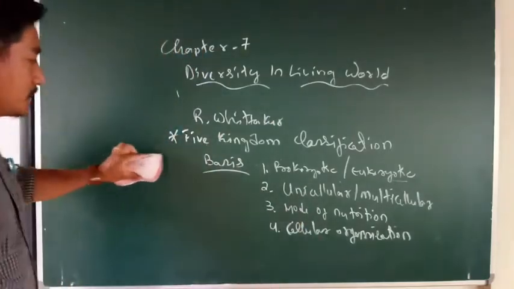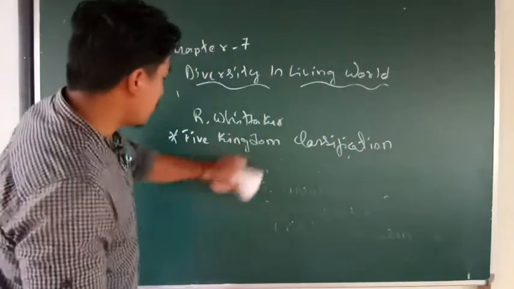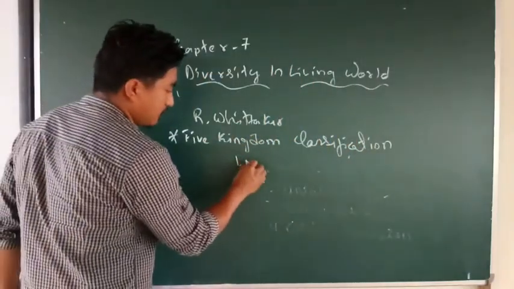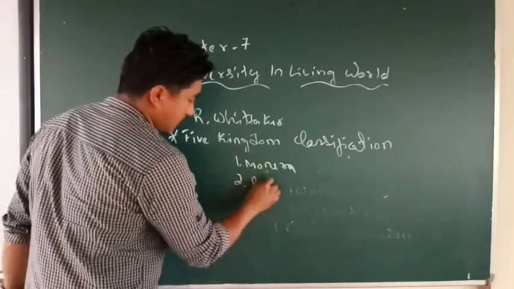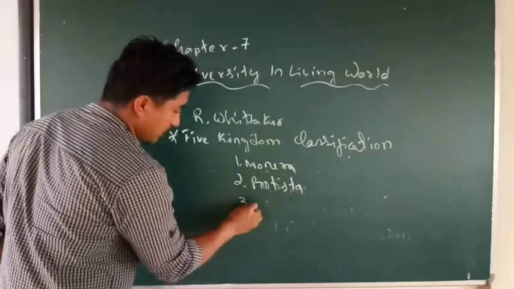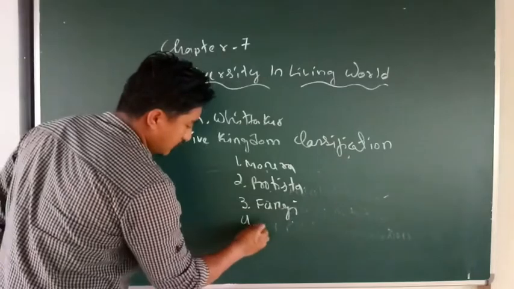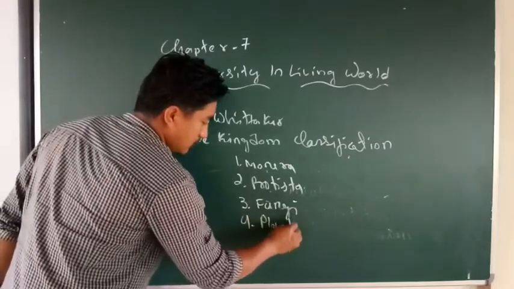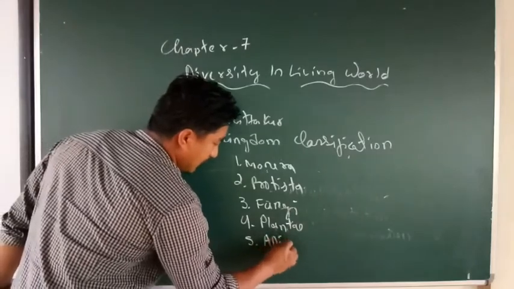Now, the five kingdoms are: the first kingdom is kingdom Monera, the second is kingdom Protista, the third kingdom is kingdom Fungi, fourth is kingdom Plantae, the last one is kingdom Animalia.